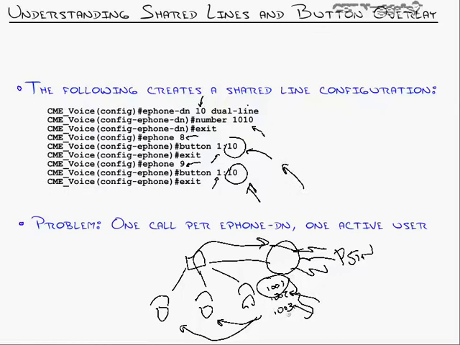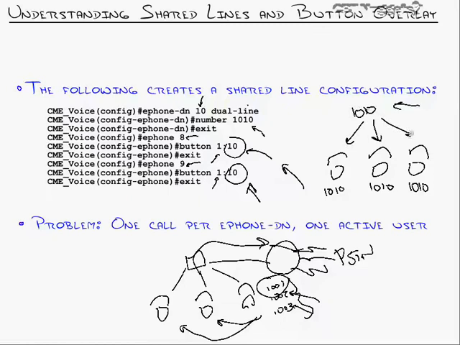But there's also environments where this may not be desired. For example, maybe you have a tech support group of 3 phones, 3 employees that provide help desk support for your organization. You want all of them to have the phone number 1010 because that's the general number in the company. When a user needs help, they dial 1010, and you want all 3 of these phones to ring and receive that call.